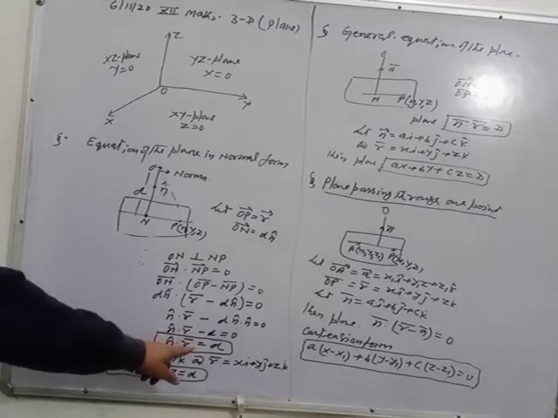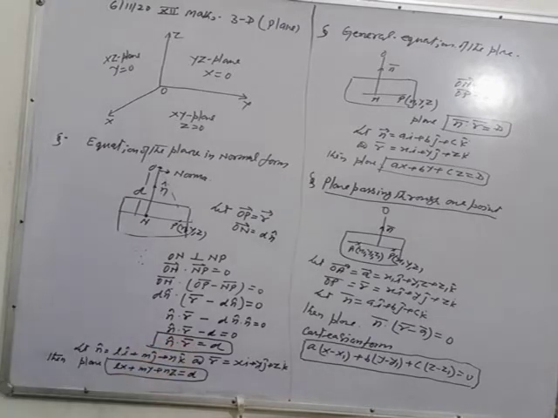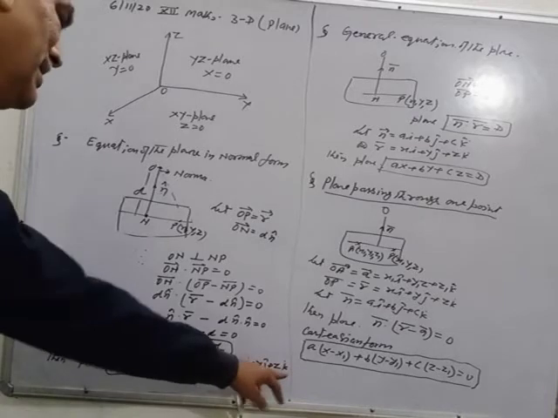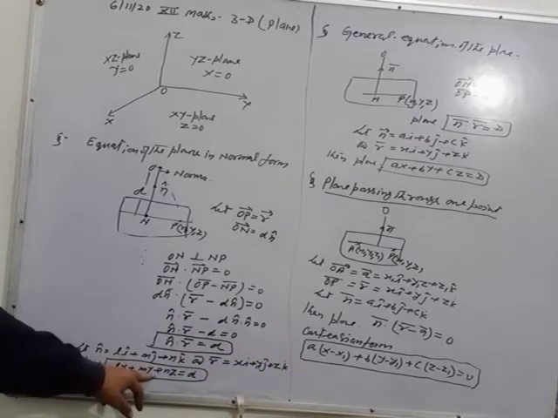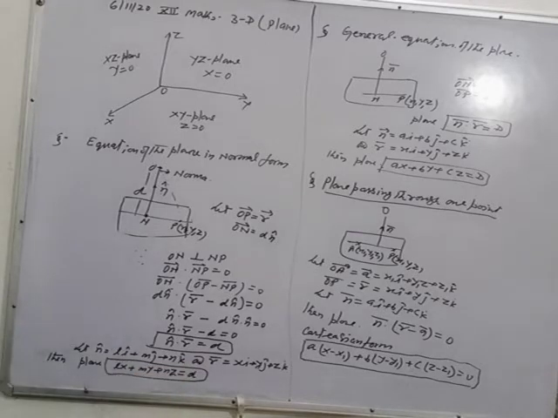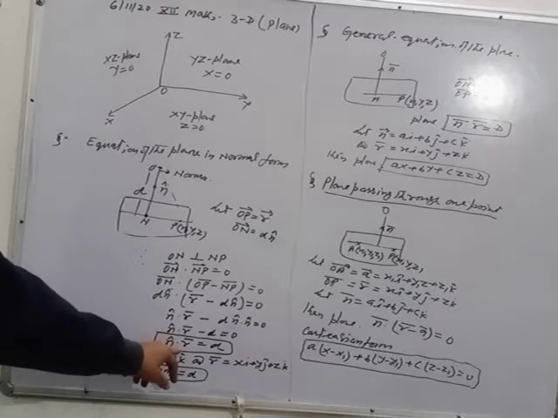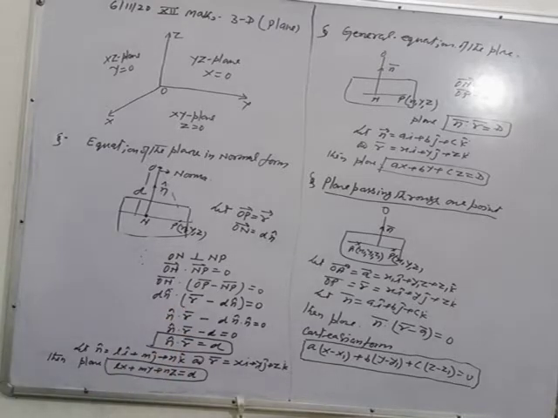So taking dot product with R, and here R is xi plus yj plus zk. So n cap dot R you will get Lx plus My plus Nz is equal to d. So this is the Cartesian form. In normal form, Cartesian equation of the plane in normal form, and this is vector equation of the plane in normal form. So you will remember here both the relations: n cap dot R is d and Lx plus My plus Nz is equal to d.